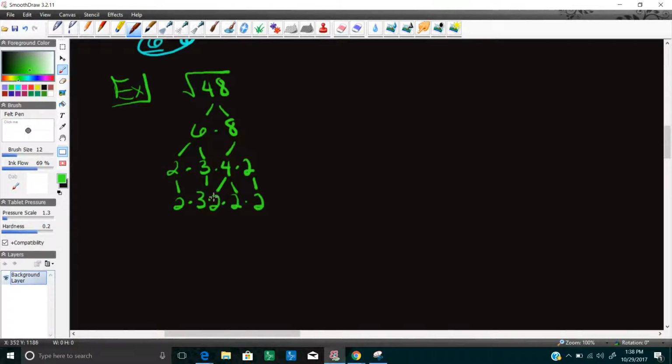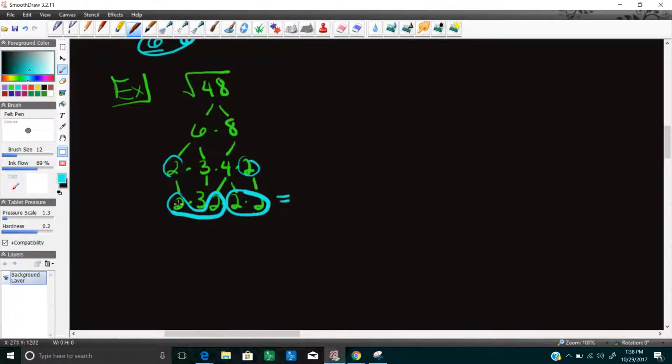And I'm going to circle all my pairs. If you have a pair in the beginning, like we had the pair here, but you still have some numbers left over, you want to keep going further to the primes, because look what happened here: we have another pair. So I circle all my pairs. I have a pair here and a pair right here, so I have 2 pairs of 2s.